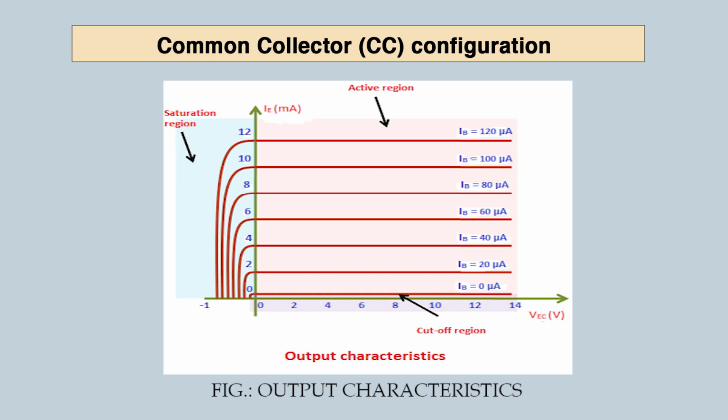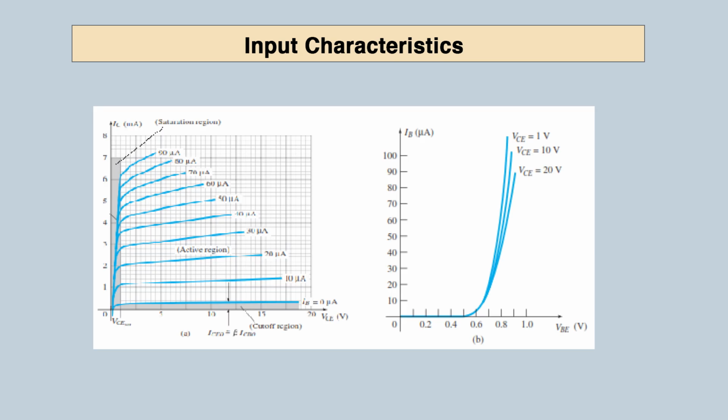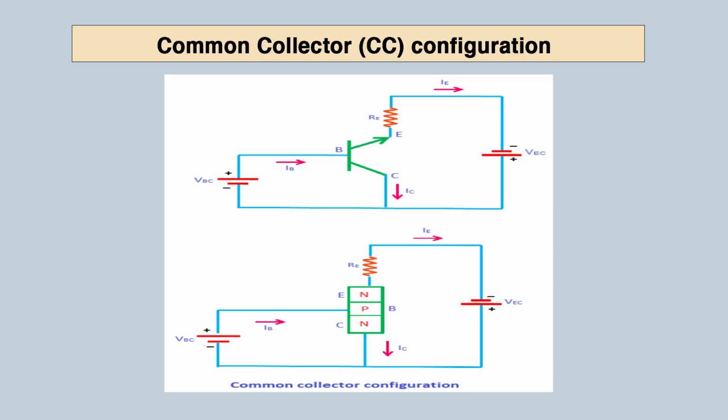Hence the output characteristics are taken by drawing a graph between VCE and IC. The input characteristics will be taken by drawing a graph between the voltage of the base to emitter junction and the base current. Now let us discuss the third type of configuration, that is common collector configuration.